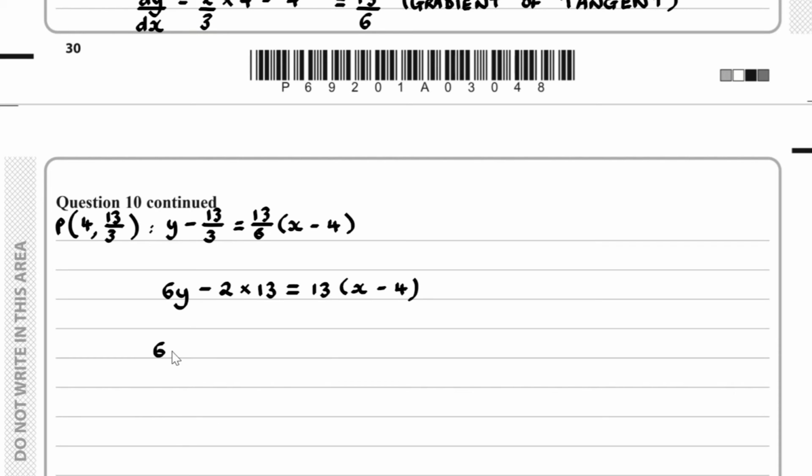So I have 6y subtract 26 equals 13x minus 52. If we take everything over to one side, we can conclude the equation of the line L is 13x minus 6y minus 26 equals 0.